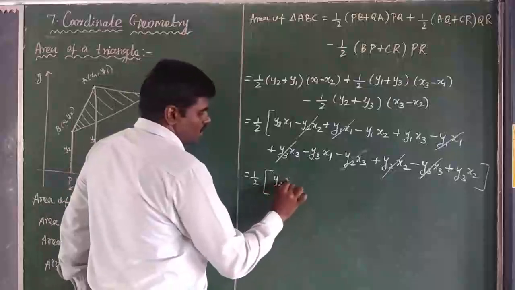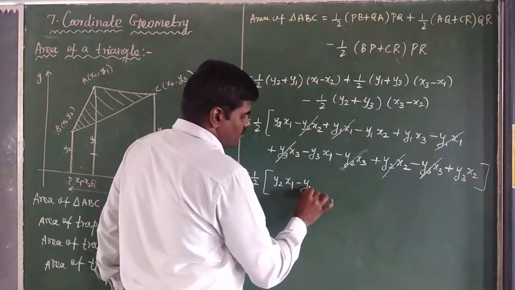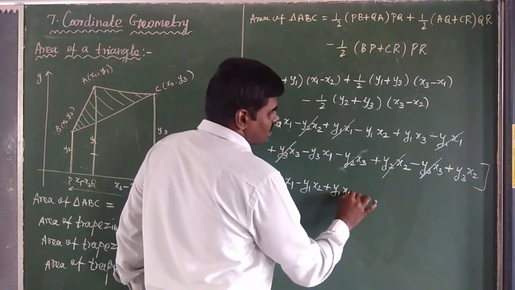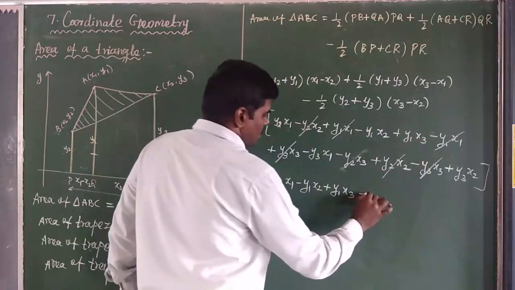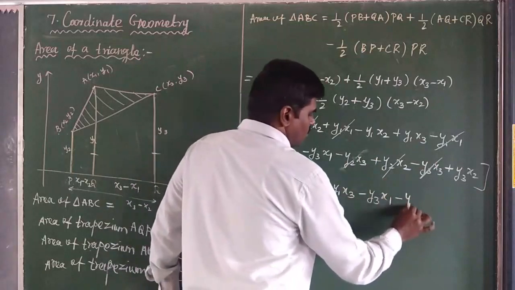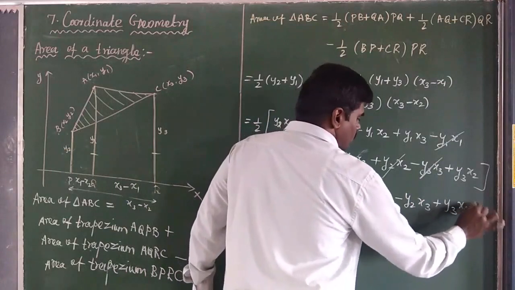So: y2 x1, minus y1 x2, plus y1 x3, minus y3 x1, minus y2 x3, plus y3 x2.